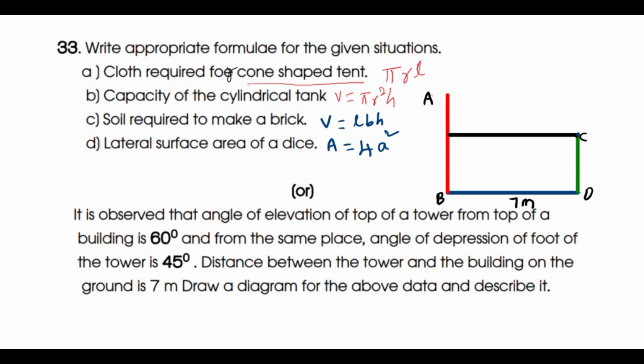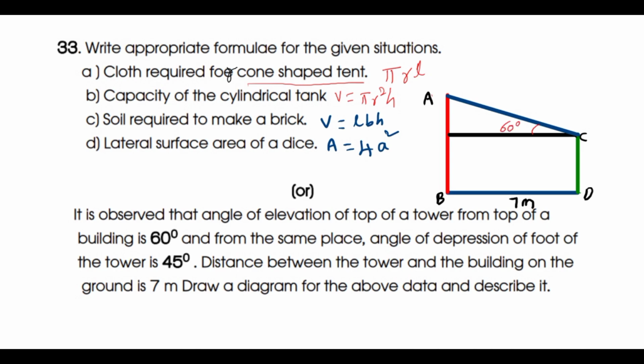It is observed that the angle of elevation of the top of the tower from the top of the building, like this. This is the angle of elevation they gave. It is 60 degrees, so we should write here 60 degrees.